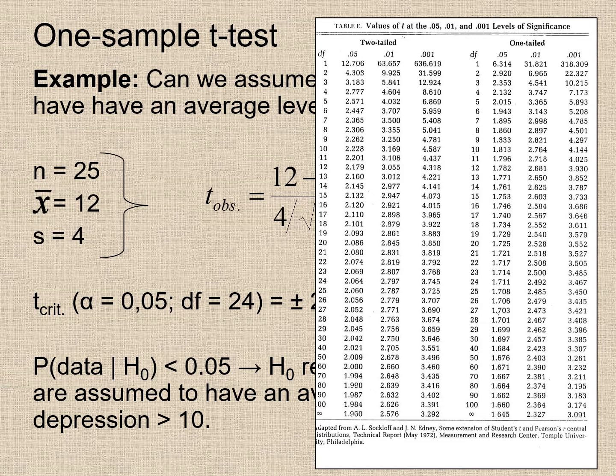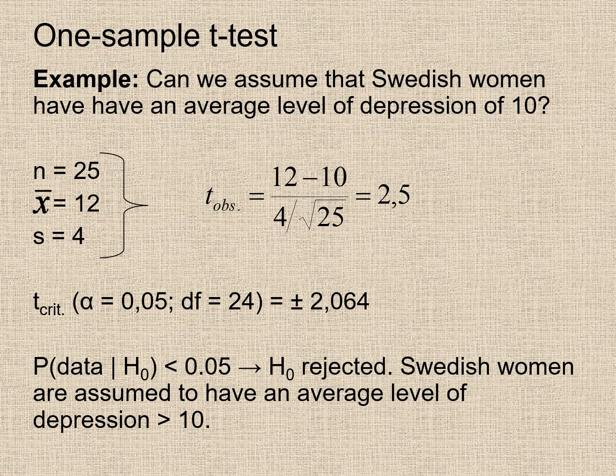With 95% probability, the sample mean will be somewhere within 2.06 standard errors from the value 10 if the population mean is 10. So in our case, we have just calculated that our sample mean of 12 deviates 2.5 standard errors from the value 10.